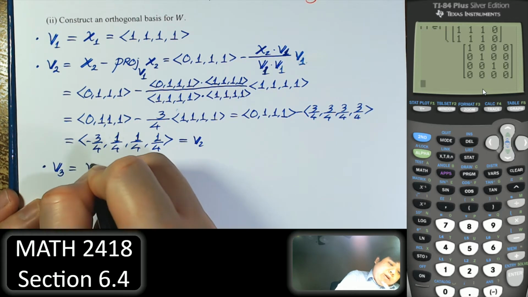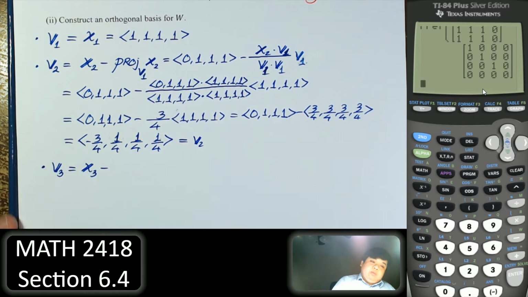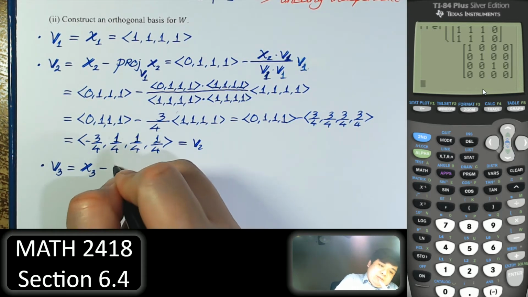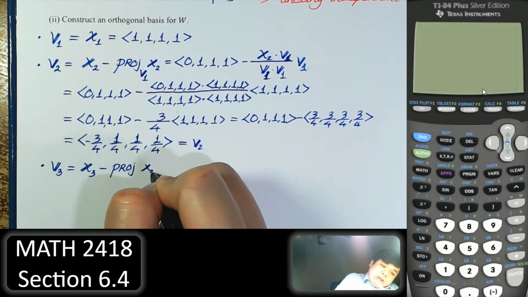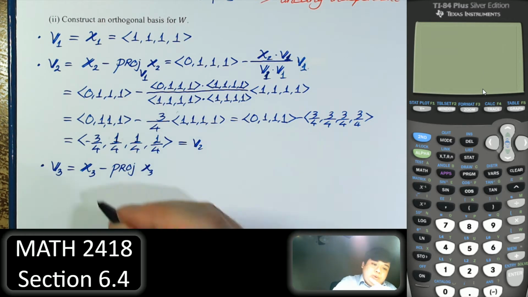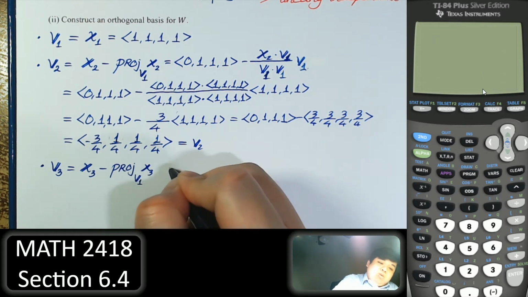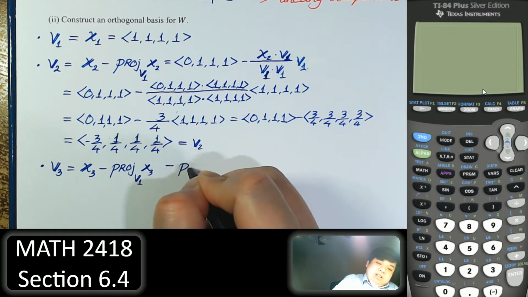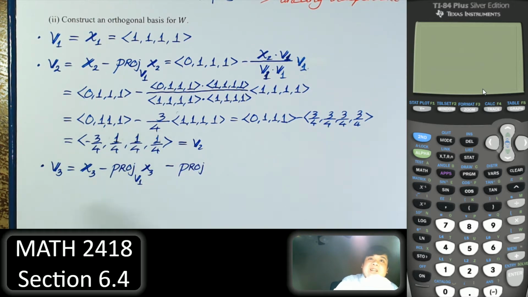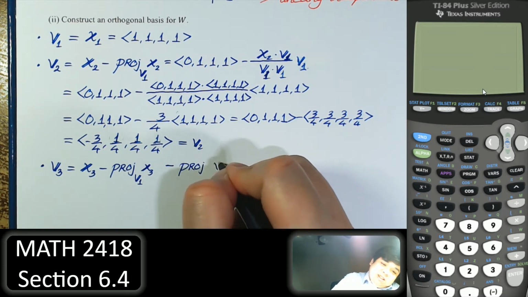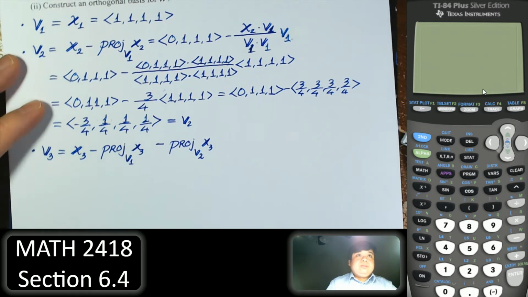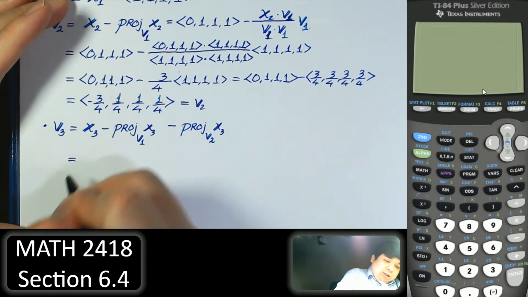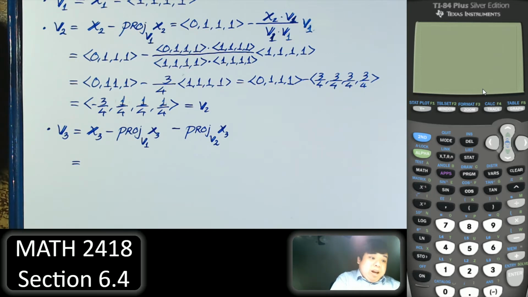Now we go to v3. v3 will be x3 subtract the projection of x3 onto v1 and v2. That's why this will get more complicated as we go to more and more vectors. This is a very simple example and we'll take the whole page already.